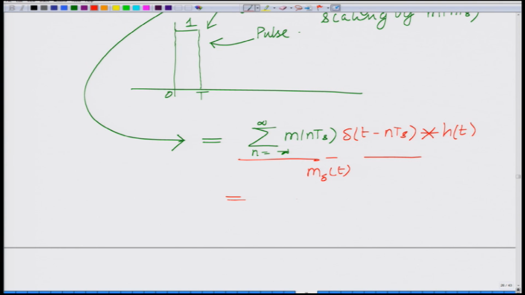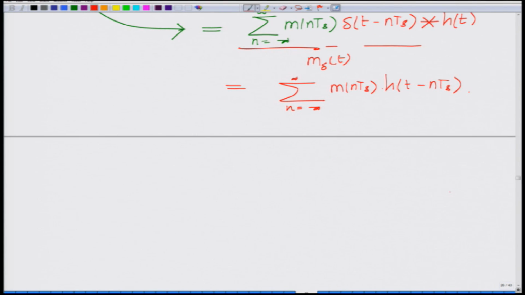The shifted impulse delta t minus nTs convolved with h of t gives h of t minus nTs. So, this is your pulse amplitude modulated signal.